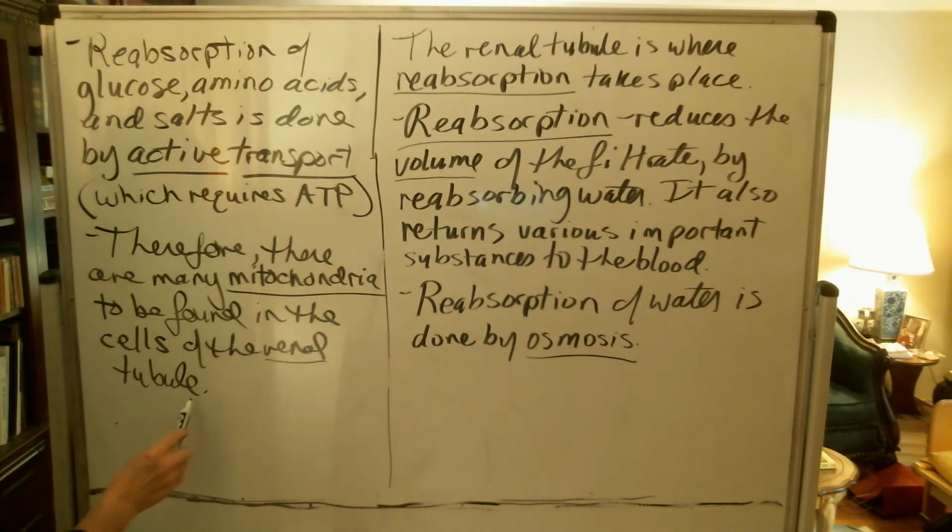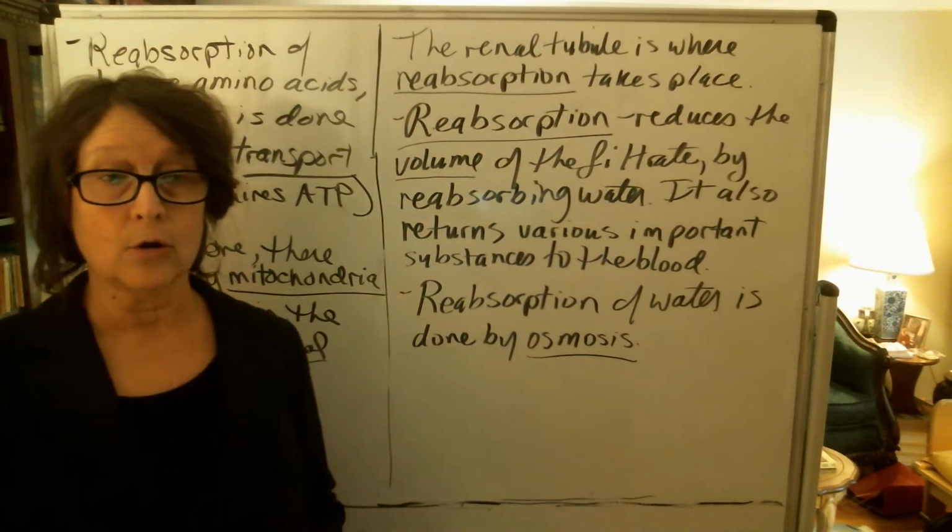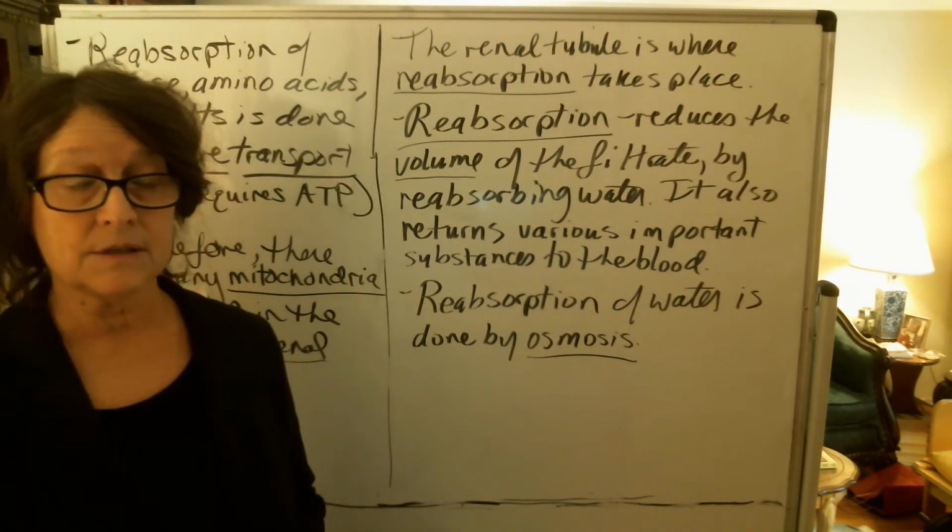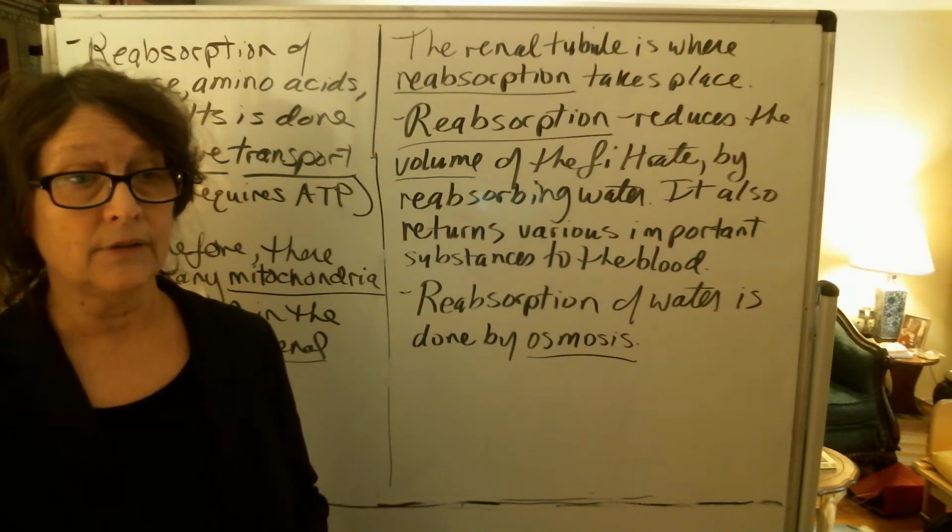In the renal tubule, you find lots and lots of mitochondria because the cells of the renal tubule use a lot of ATP.